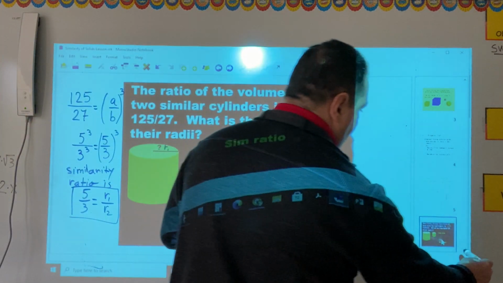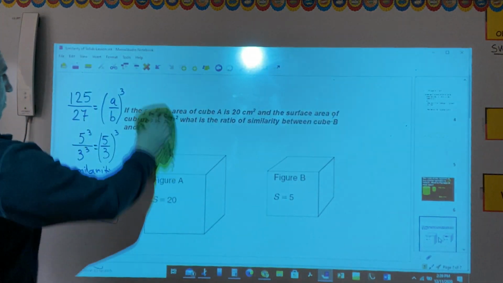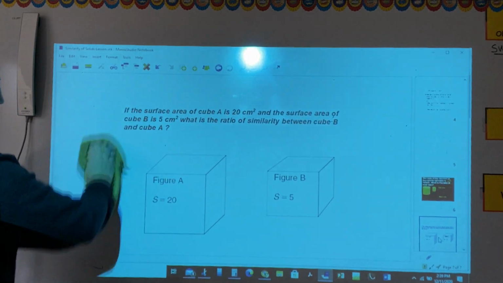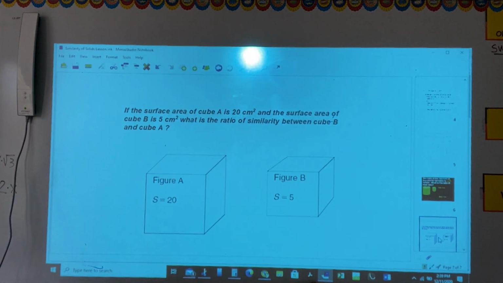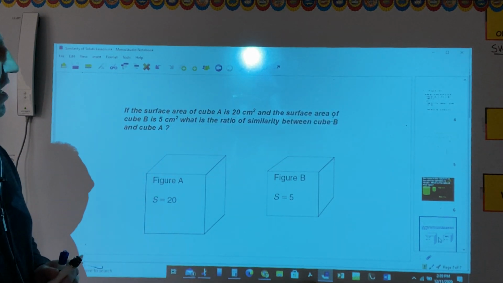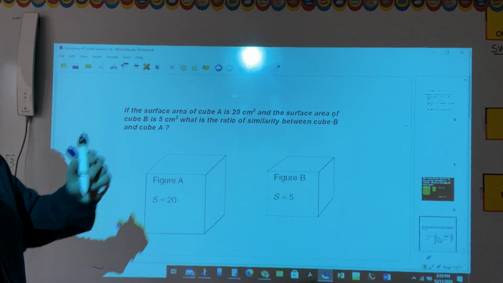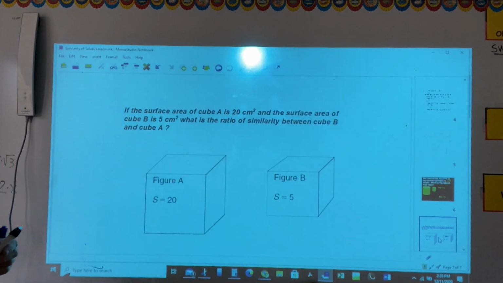Another example. If the surface area of cube A is 20 square centimeters and the surface area of cube B is 5 square centimeters, what is the ratio of similarity between cube B and cube A?